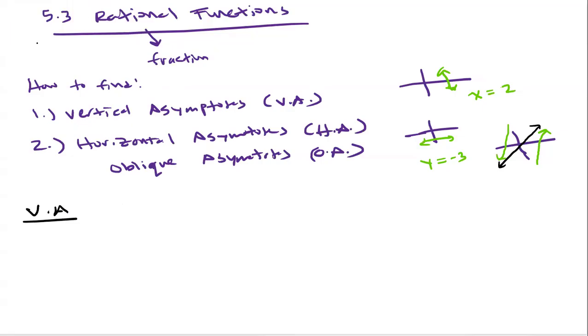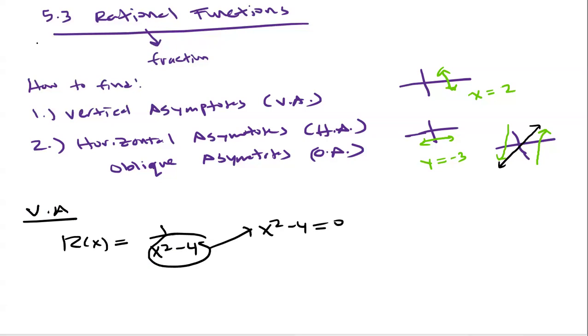And again, if I have a function, say r of x, right, and it's 1 over x squared minus 4, I just want to focus on the denominator, okay? So I just focus on the denominator and I pull that out and I set it equal to 0, all right? So that becomes x squared equals 4 and then solve for x. So that gives us x is equal to plus or minus 2, right? If we take the square root of both sides.